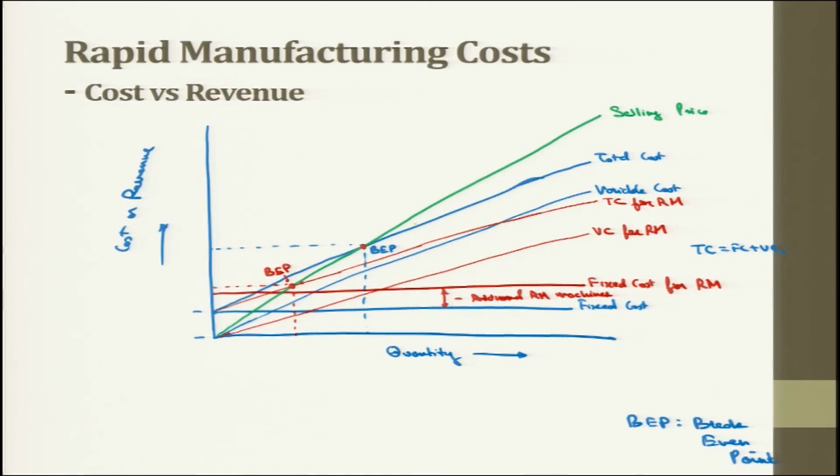Okay. Now the break-even point is lower. Now when we see this, this is the profit. Okay. Now in additive manufacturing, for some components where it is beneficial, the profit would be here. Now this is new profit. This is profit for additive manufacturing.